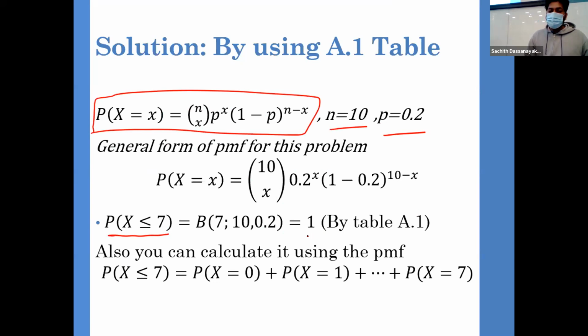In general, just forget about what they have mentioned for a moment. You have to add everything from 0 to 7: the probability of x equals 0, plus the probability of x equals 1, up to the probability of x equals 7. Is that clear?